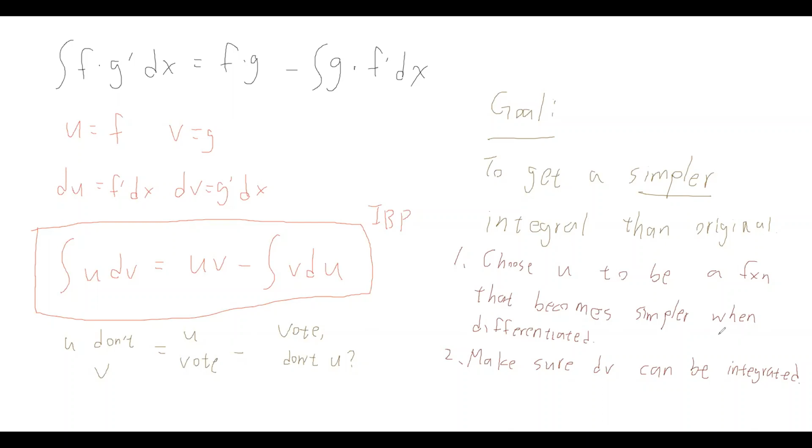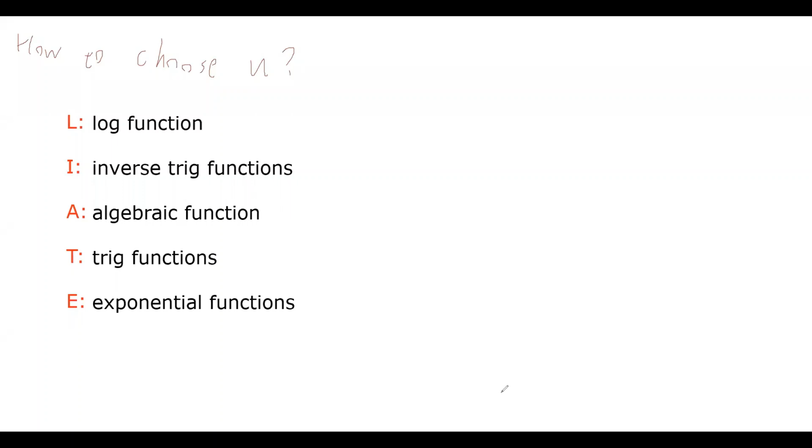And second, you want to make sure that dv can be integrated. Now, this will make a lot more sense when we look at our first example, but just keep this in mind. Choose u so it's simpler when differentiated, and make sure that dv can be integrated.